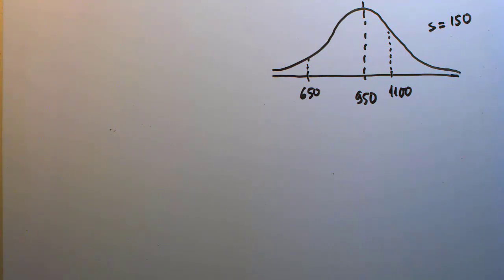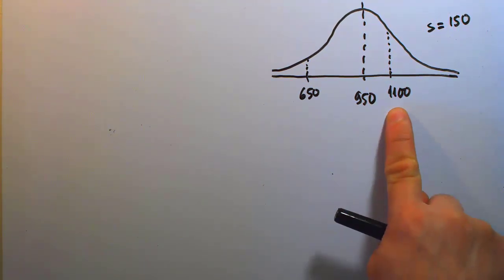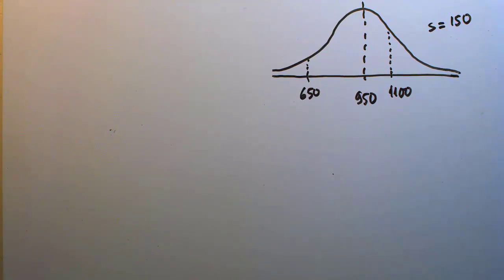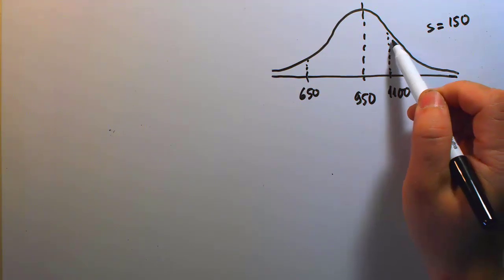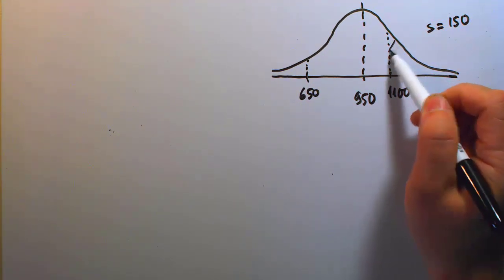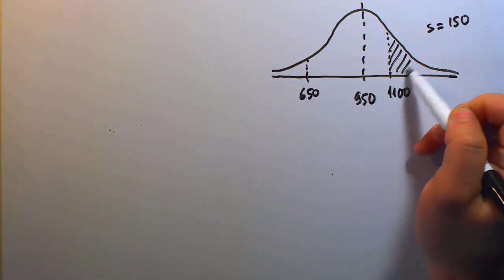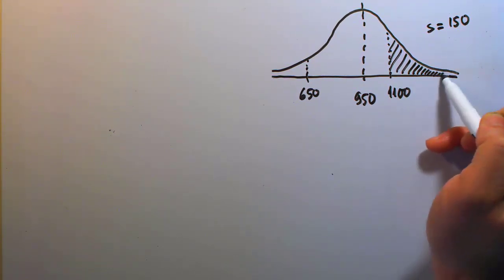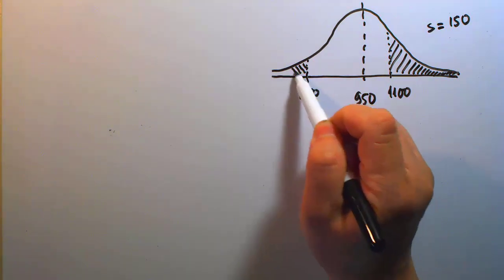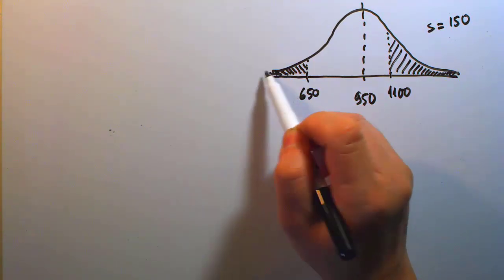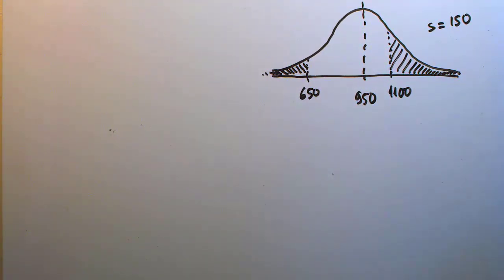Now, as you enter this course, you must have done some basic algebra. It doesn't have to be too much. The idea is that above 1100 or below 650, that statement with "or" means we're going to draw a shading that has two broken pieces. One piece will be shaded to the right-hand side of the data, and another piece shaded to the left-hand side.